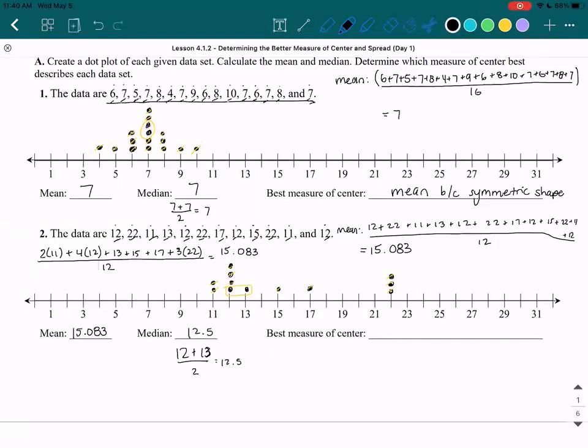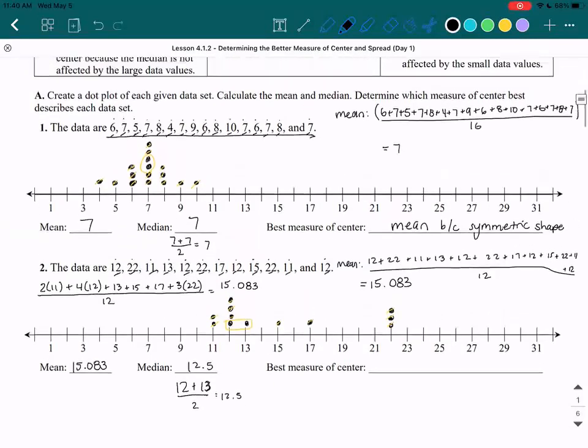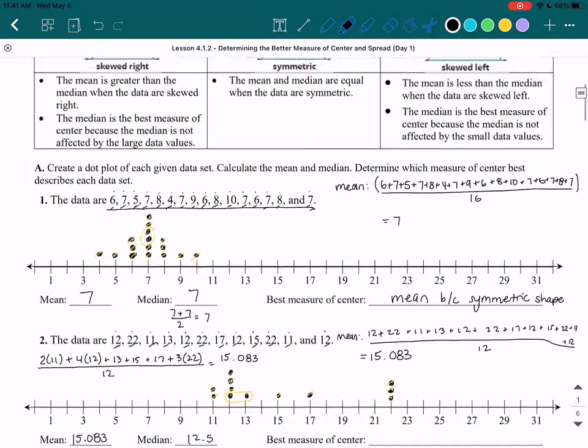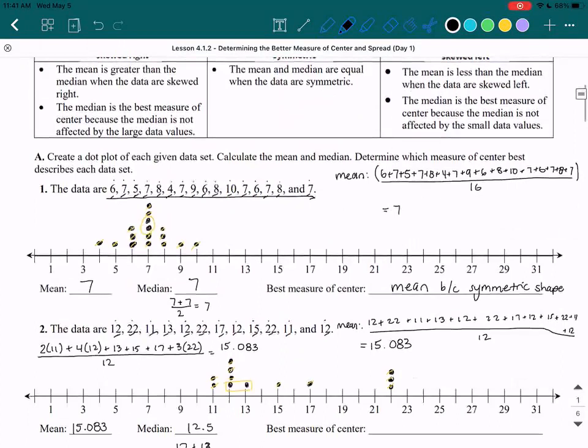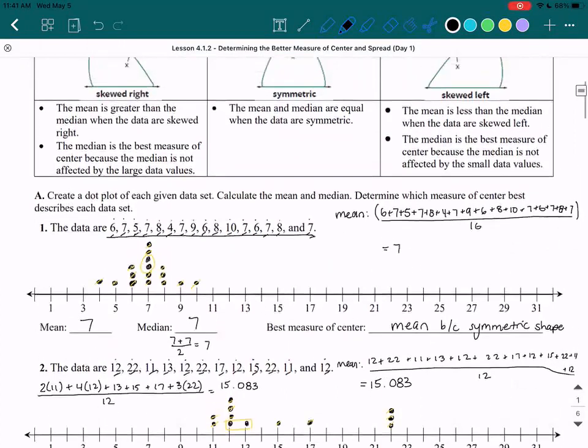So let's see, is this going to be skewed left or skewed right? So we want to see our mean is greater than our median. Let me highlight. The mean is greater than the median. So therefore, we have skewed right.